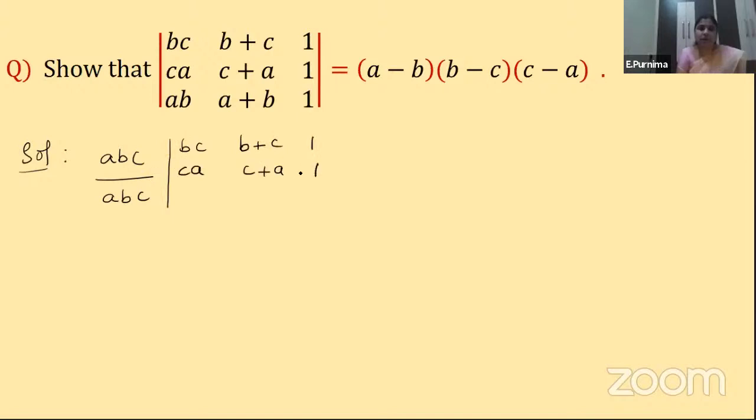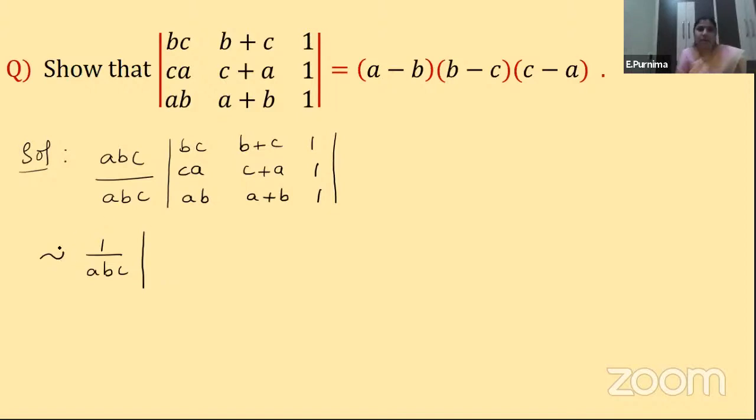I will keep 1 by ABC outside as it is. The resultant determinant in the next step will be similar to the previous one, so we put a similarity sign here.